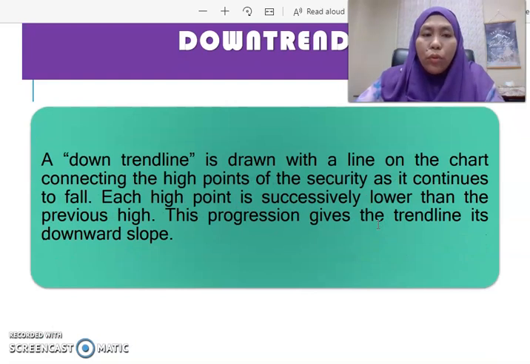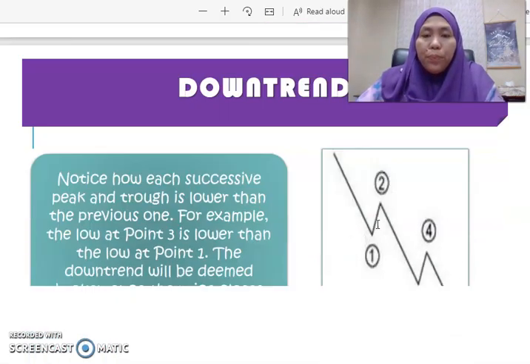Then we move to the downtrend line. Okay, a downtrend line is drawn with a line on the chart connecting the highest points for a specific period of time. Okay, the rule is each high point should be lower than the previous high. Then it will give us a downward slope.